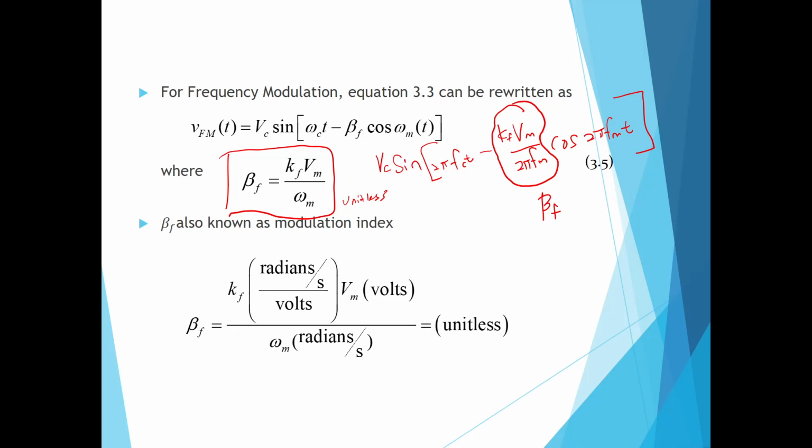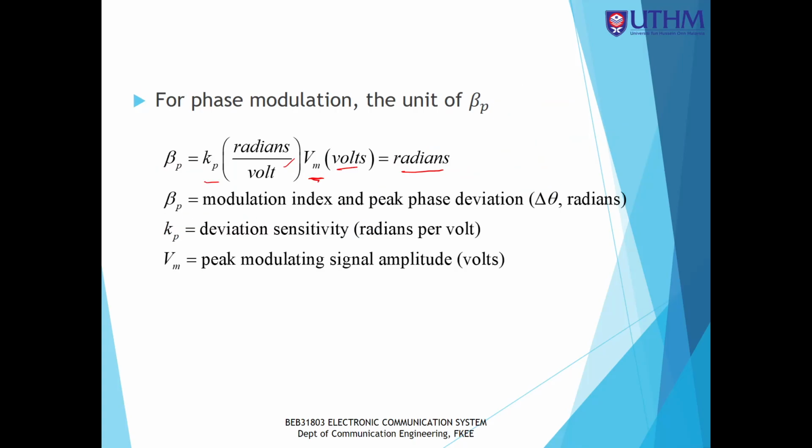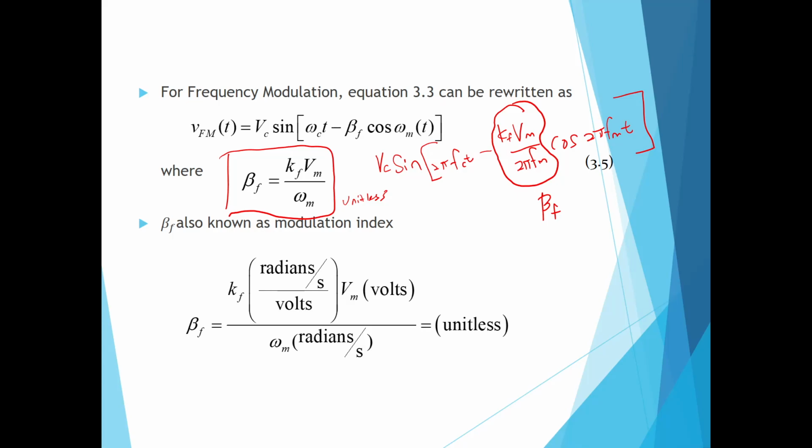Beta P has the unit radians, while beta F is a unitless parameter. Why is it unitless?